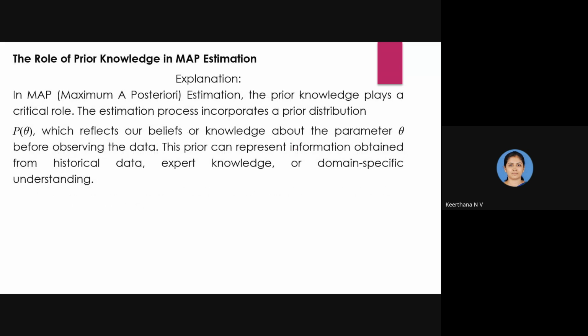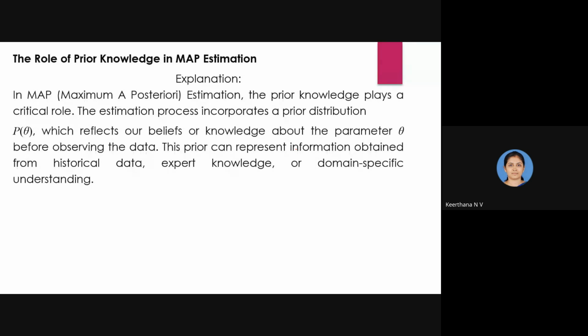So what is the role of prior knowledge in MAP estimation? This prior knowledge plays a vital role as it follows the Bayesian approach. That Bayesian approach will not work without prior knowledge of the parameters.